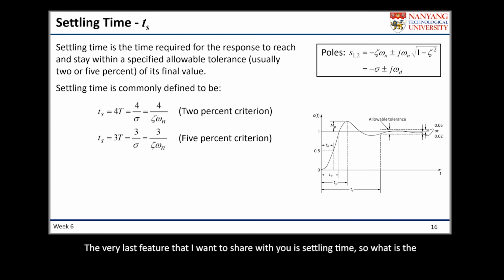the very last feature that I want to share with you is settling time. So what is the definition of settling time? Again, let's refer to the typical step response of an underdamped second order system like this.